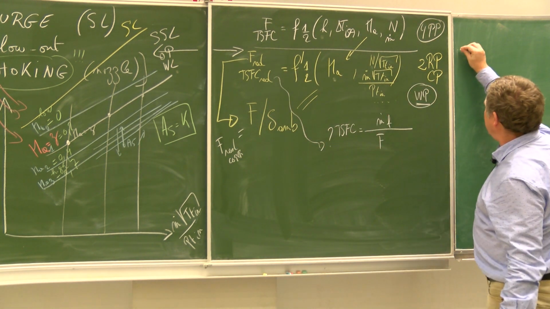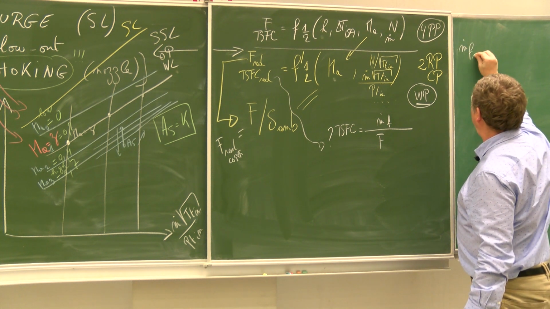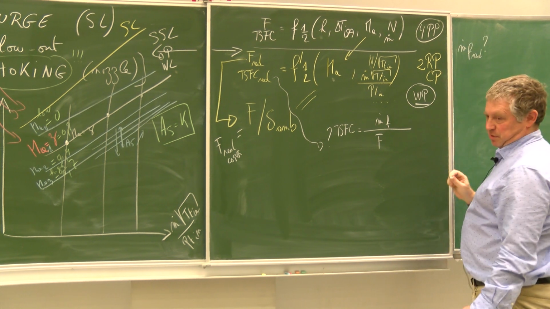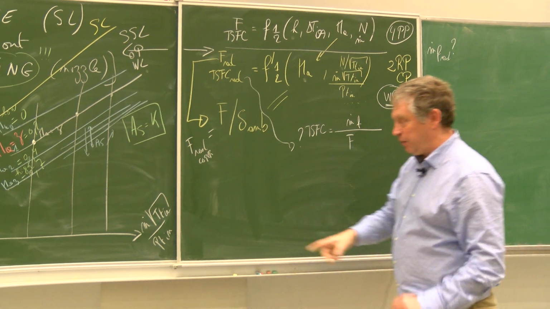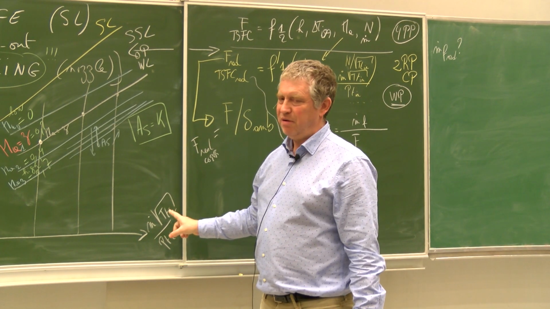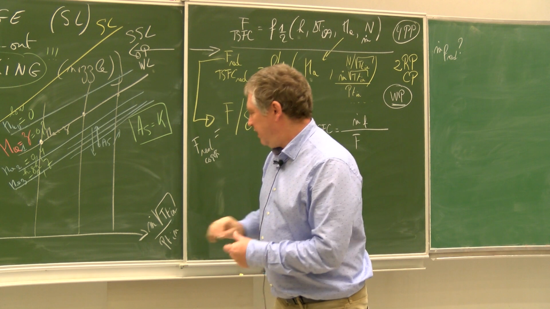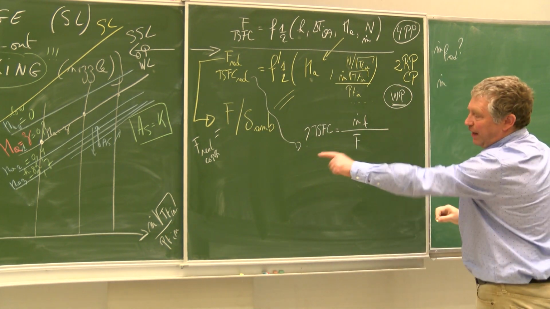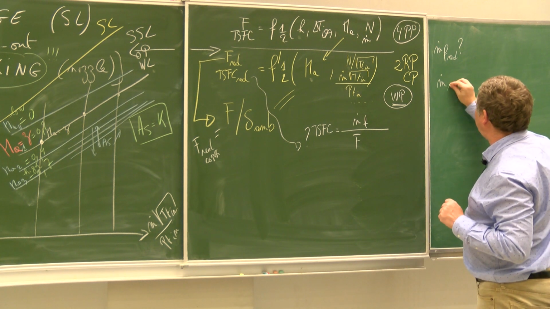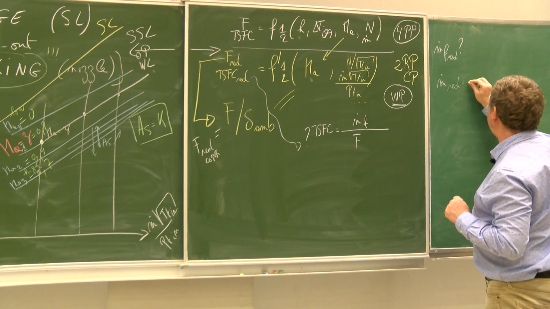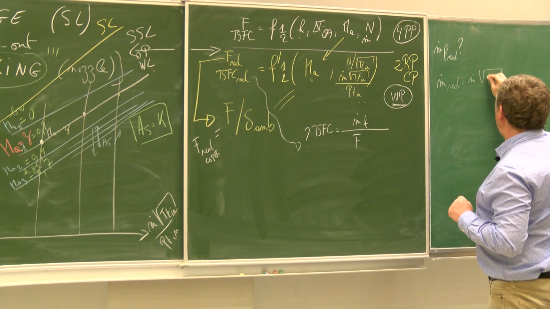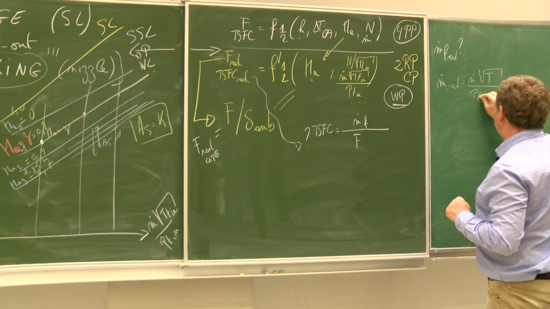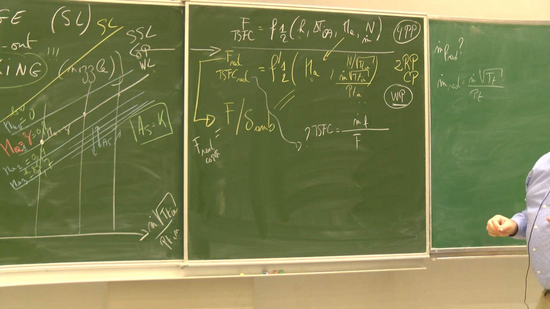But what is m dot f reduced? You will say to me, the same as here. No, because this is coming from m dot reduced, the value we have there, that is equal to m dot square root of temperature divided by total pressure.